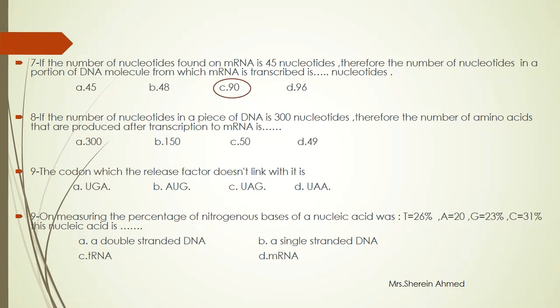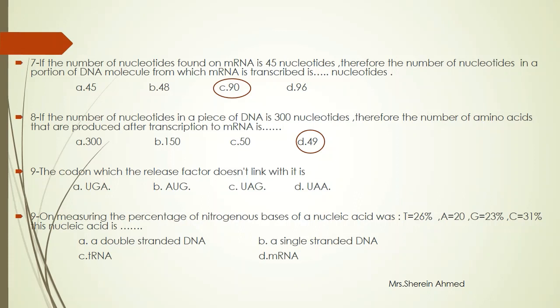If the number of nucleotides in a piece of DNA is 300 nucleotides, therefore the number of amino acids that are produced after transcription of messenger RNA is 49. 300 divided by 2 to count the number of nucleotides on one strand is 150.